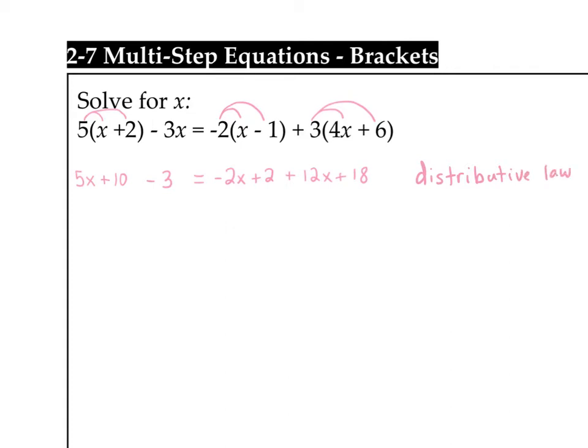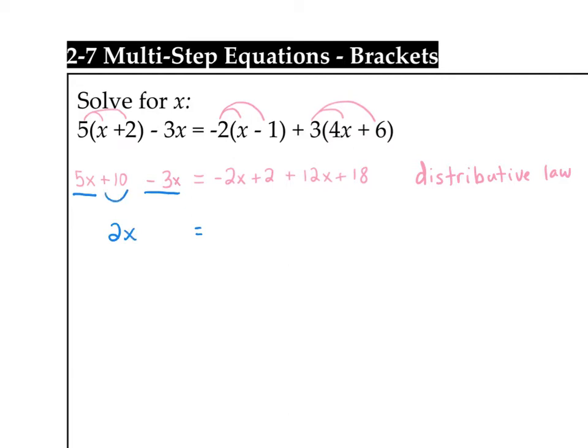Next step is to collect like terms on each side of the equal sign. So on the left, just realized, sorry, that should be a 3x. On the left, 5x and negative 3x are like terms. So 5x minus 3x is 2x.